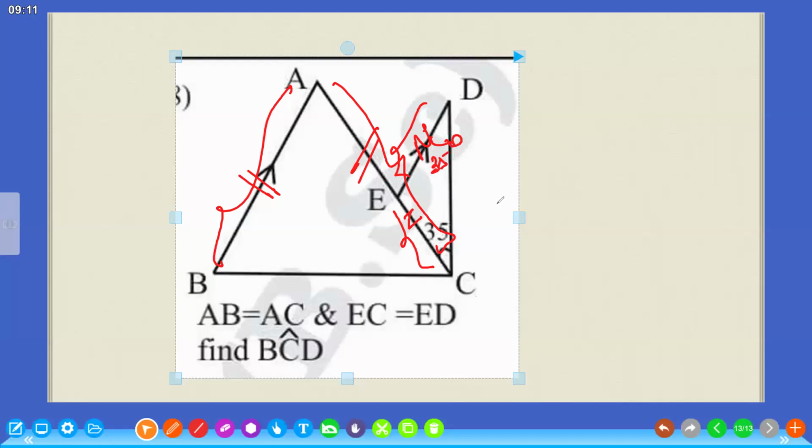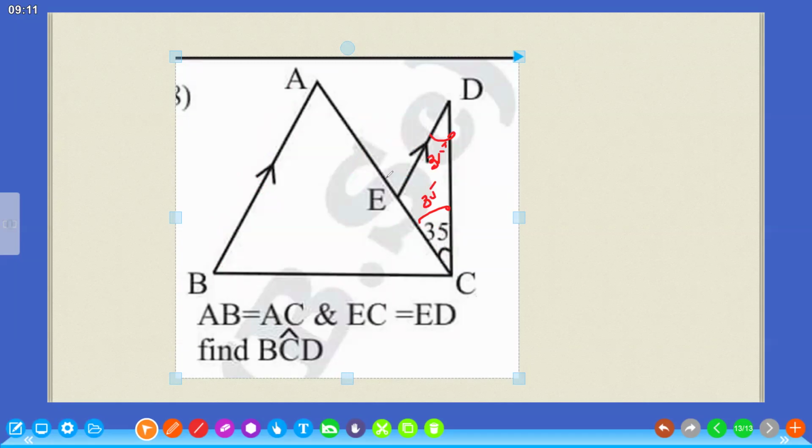This is 35. This one is 35. Now, students, this one is 70 degrees. This one is 70 degrees.